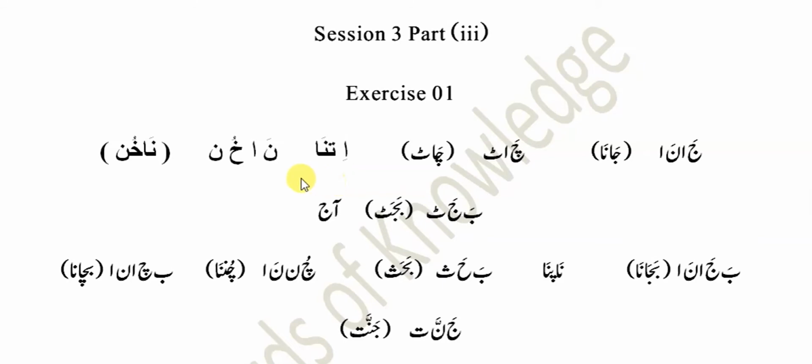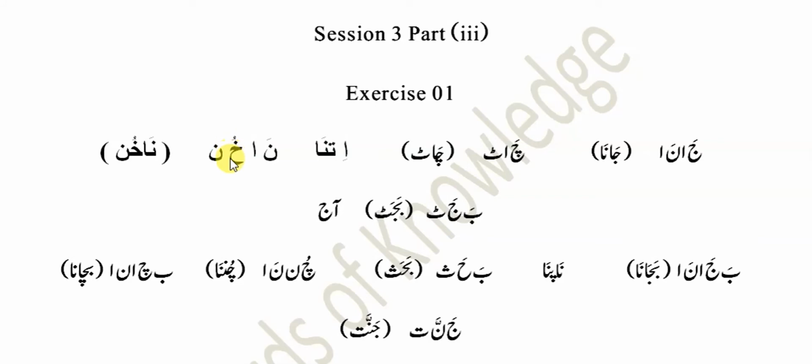Okay, then the next word has 4 alphabets. The first one is Noon. It has a diacritical mark over it. Noon Zabar Alif. We read it with this accent, you can say. Then it's He. He has a diacritical mark over it.